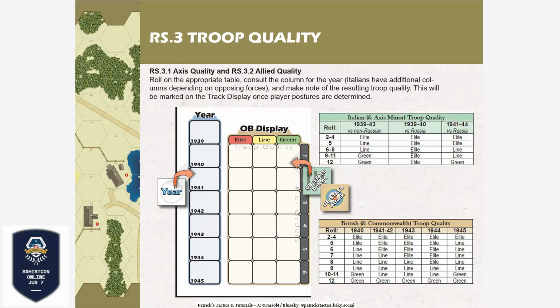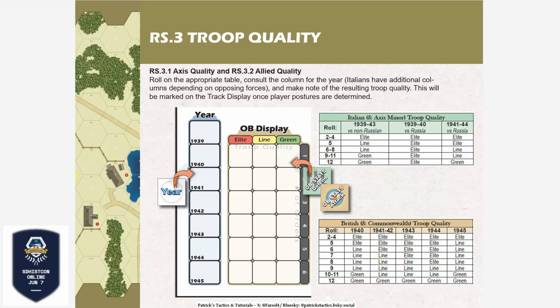We tried to make considerations for the amount of training or lack of training for replacements late in the war, where a lot of the experienced folks have been eliminated or sent home wounded or whatever the case may be. And so you've got a lot of replacements that are bringing down the troop quality in some areas as tactics degraded, that kind of thing. So we tied a lot of that into what happens here. So it's not random per se, but your assignment of it certainly is.